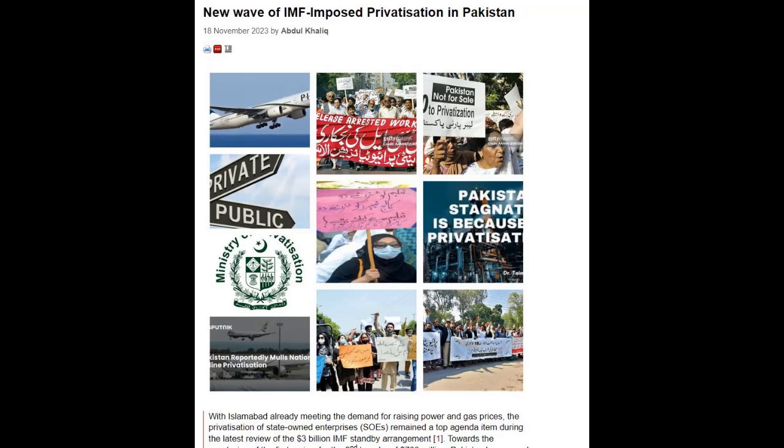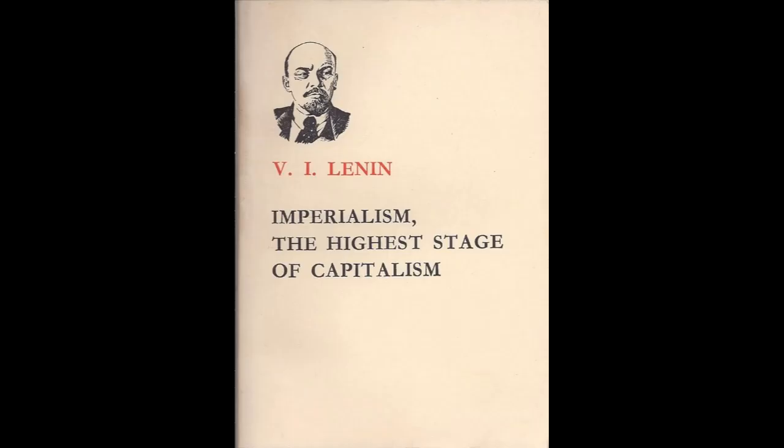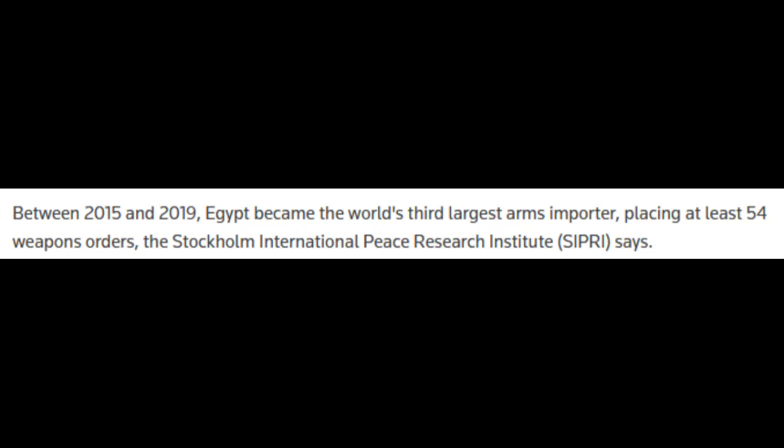And while there are many arms of imperialism, our focus is to highlight the arms sales once again, just as a quick and sure way of understanding the relationship between countries.